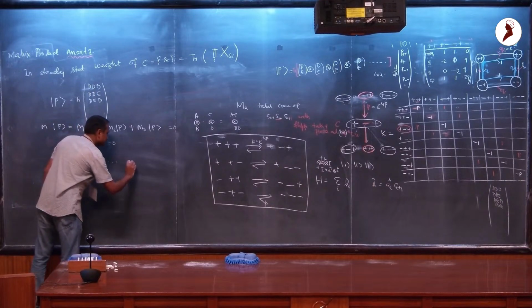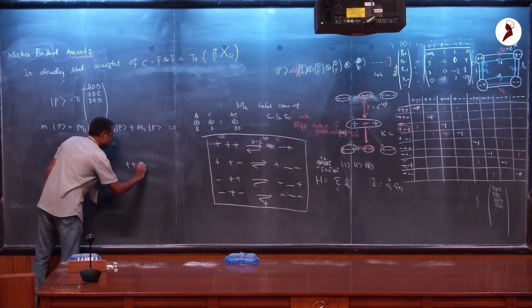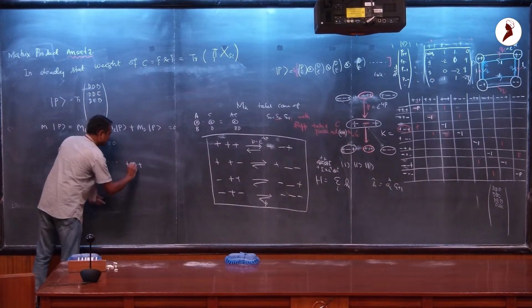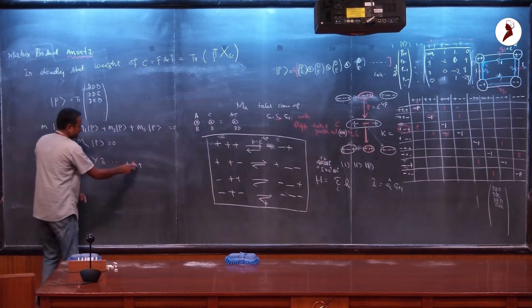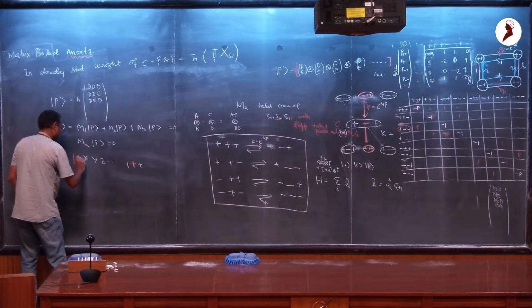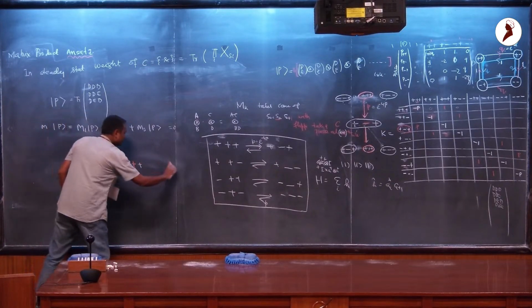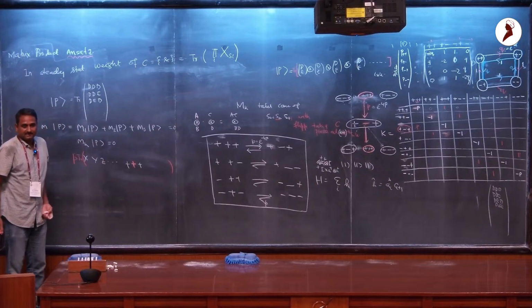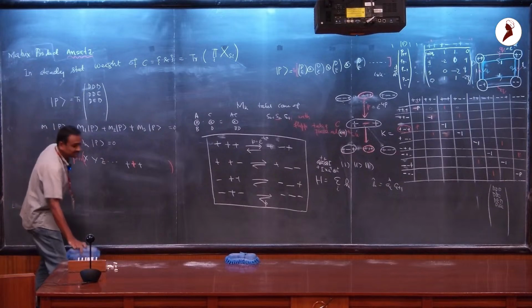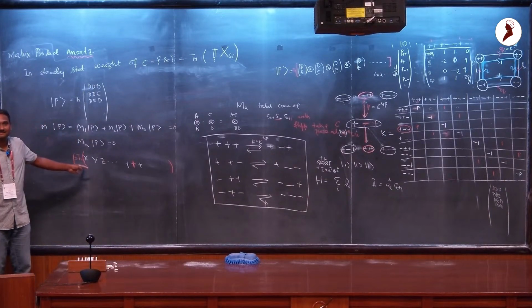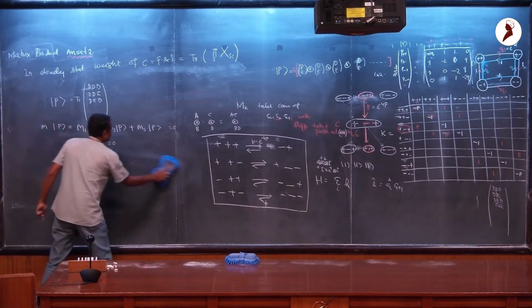And at the kth place it is plus, plus, plus, and this plus is the place where this is operating. Plus, plus, plus, times P, trace of that. Are you getting this? Is it clear? No. Okay.